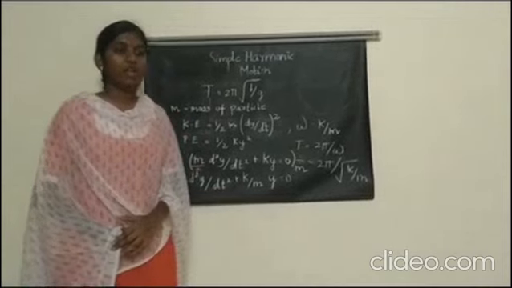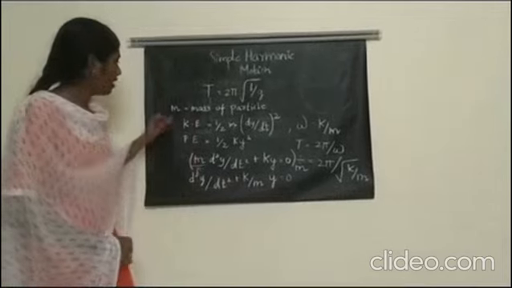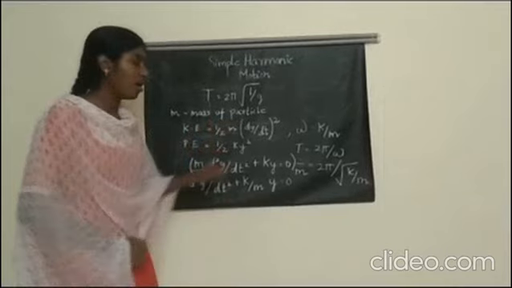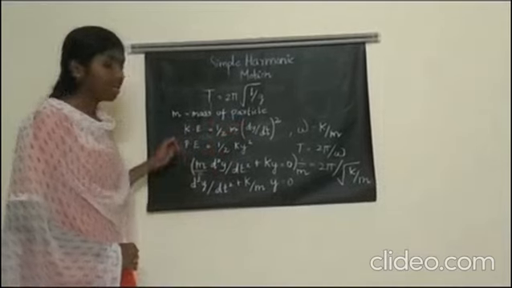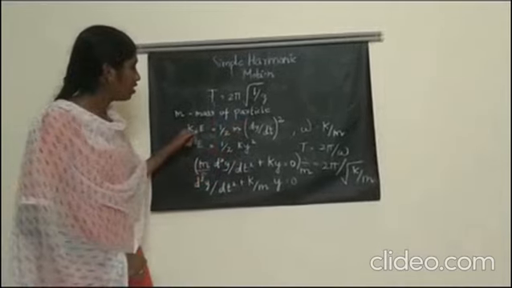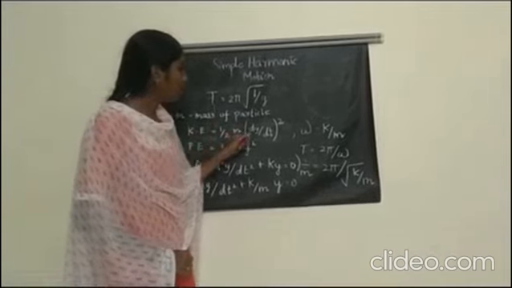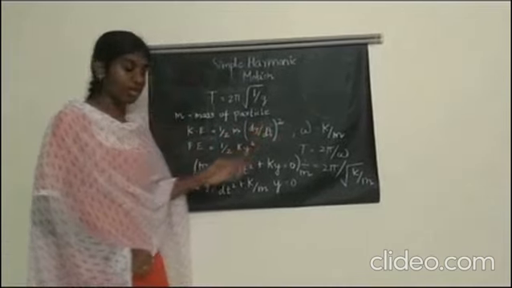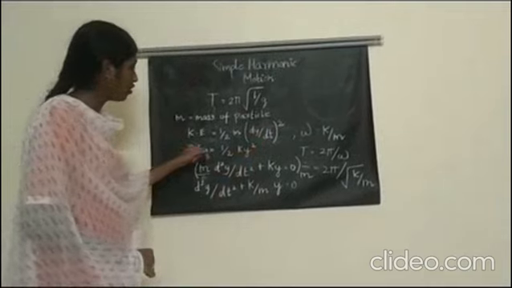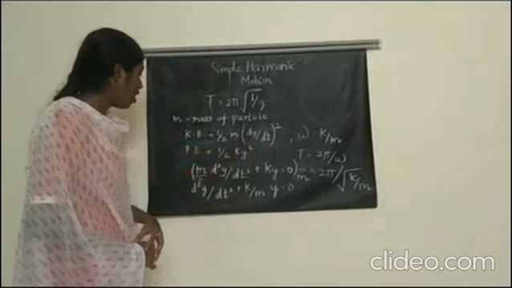Now, the differential equation of undamped vibration. Let m be the mass of the particle. Then the kinetic energy equals half into m into dy by dt whole square. Potential energy equals half into k into y square.